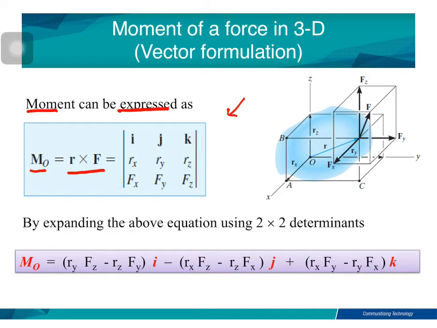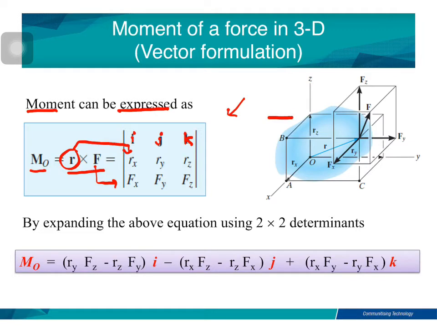So this is the determinant. In this determinant, you write the Cartesian i, j, k here, and then r you write as rx, ry and rz, and also for the F in Cartesian, Fx, Fy and Fz.